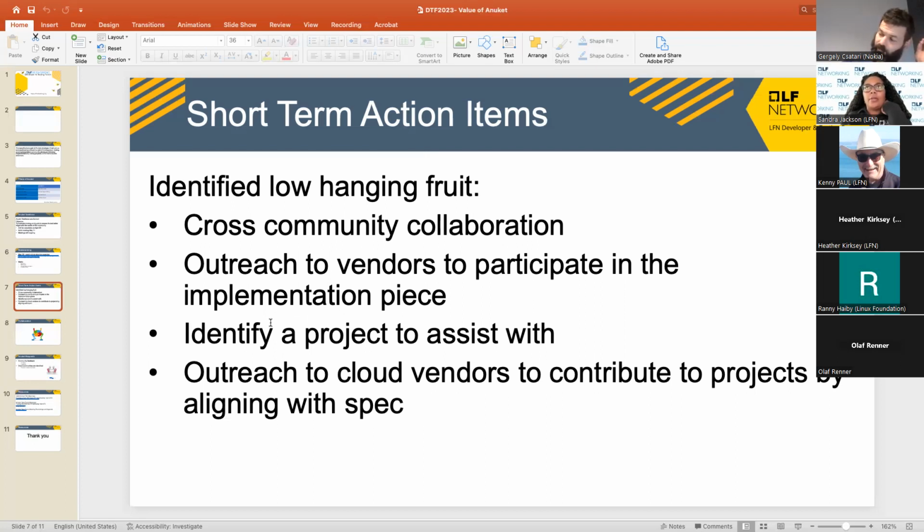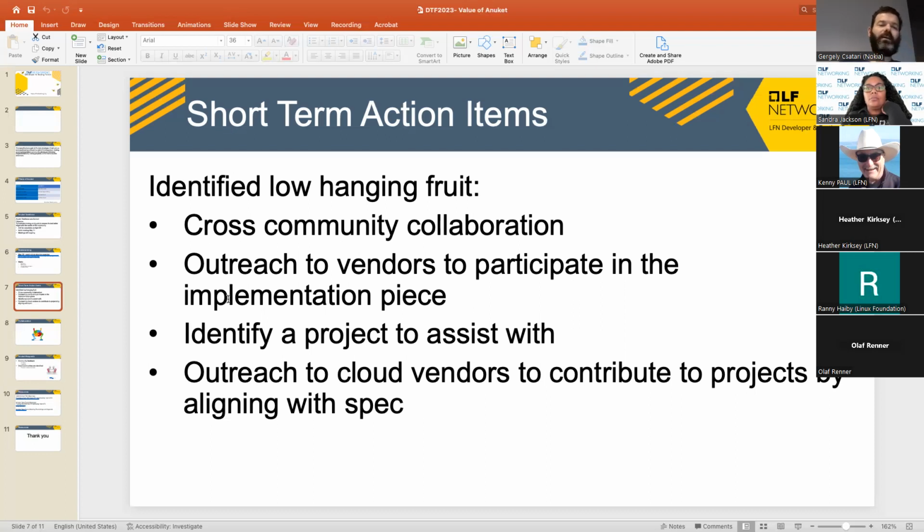Yep. So if we look at Sylva, stepping back a little bit, and if Sylva is perceived as the only interested party in Anuket, does Anuket make sense as a standalone project?